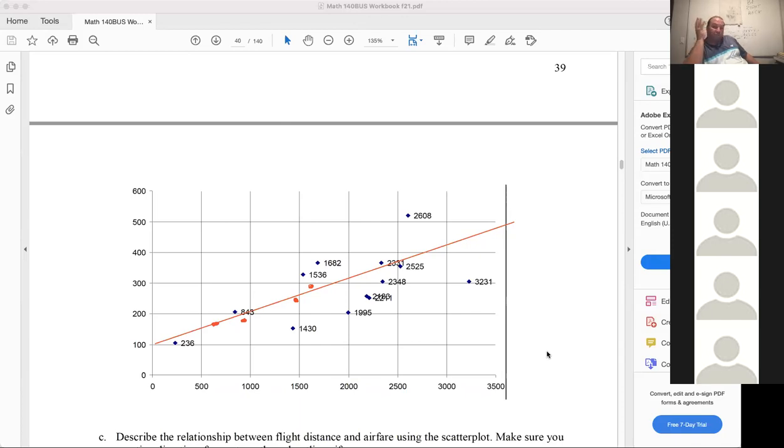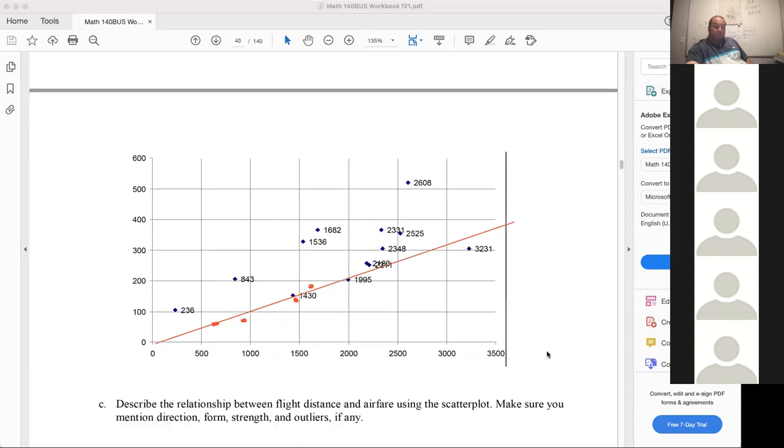This is moderate, we said. So roughly what value of R corresponds to moderate? Around 0.7 or 0.8 would be moderate. That's pretty good, because 0.8 will give you an R squared value of 0.64. So 0.75 is a pretty good guess.